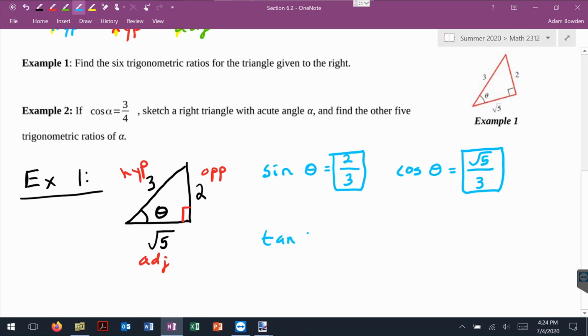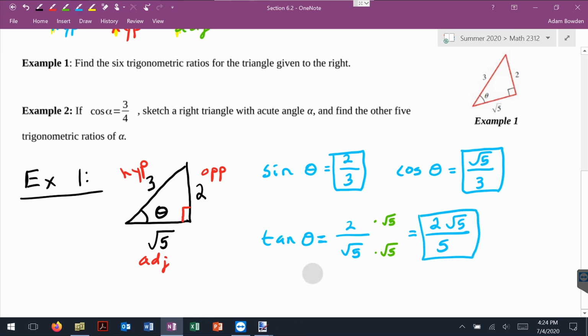The tangent of theta is the opposite 2 over the adjacent square root of 5. So these are the values, but oftentimes we'll rationalize the denominator when it's a square root, such as this one. I'll multiply by square root 5 top and bottom to change this into 2 square roots of 5 over 5, which is the way it's more commonly written.